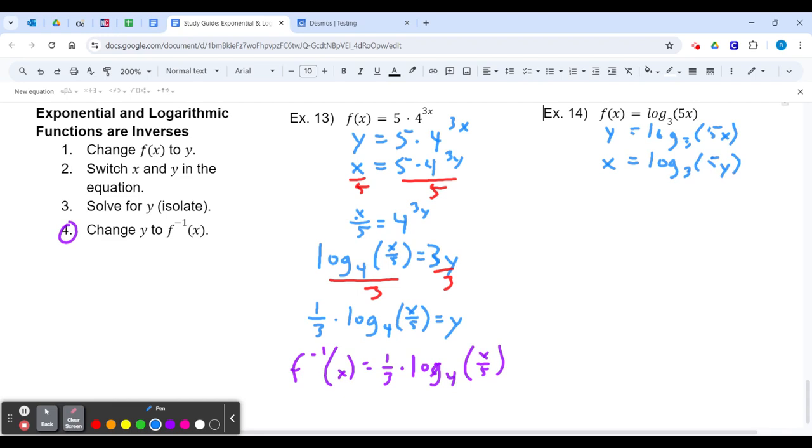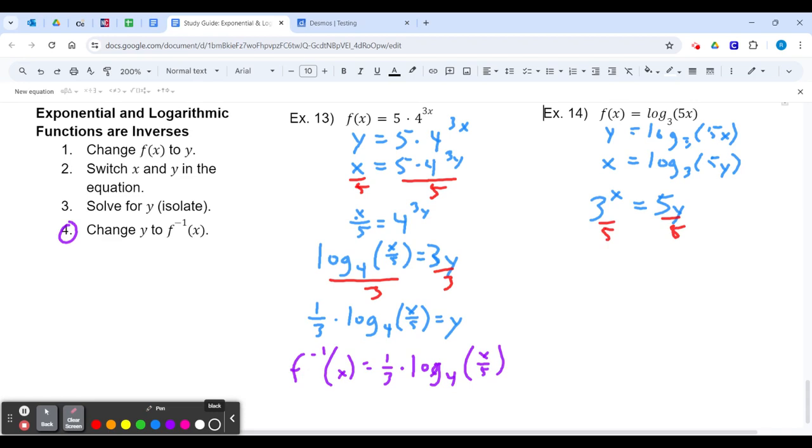Now we can rewrite in exponential form because that log's all by itself. So I get 3 to the x power equals that 5y. And so I can divide by 5 here on both sides, or we can view it as multiplying by 1/5 if you want.